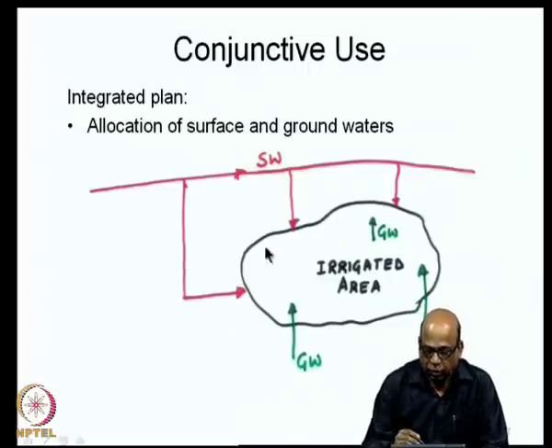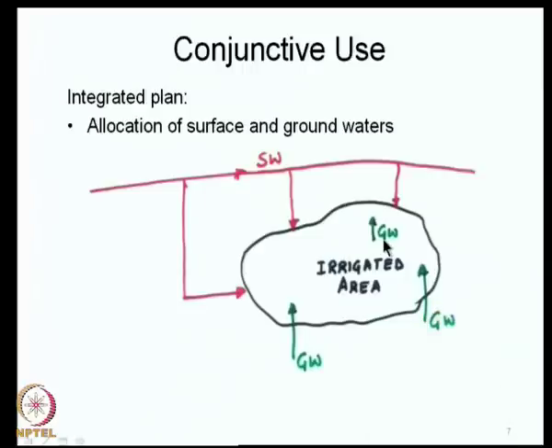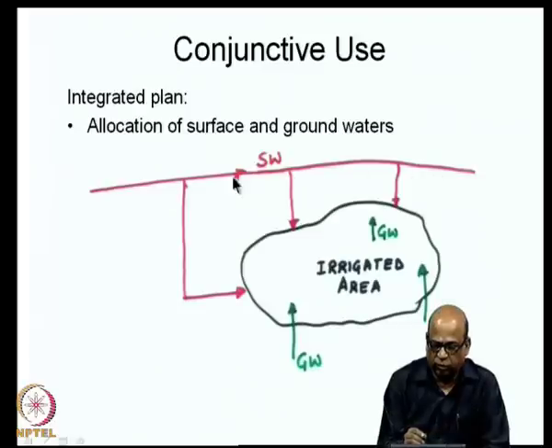So, typically we have an irrigated area, you may have bore wells or tube wells from which you are using the groundwater. In addition, you may be supplying the water through surface source. For example, this is a canal and from the canal you have branch canals and the field canals, etc. So, you have a canal network also supplying water from the surface sources.